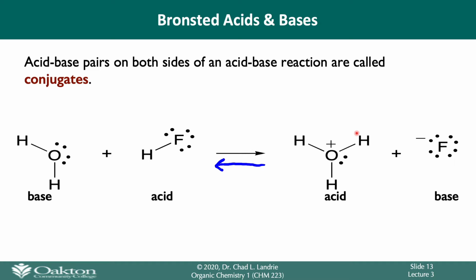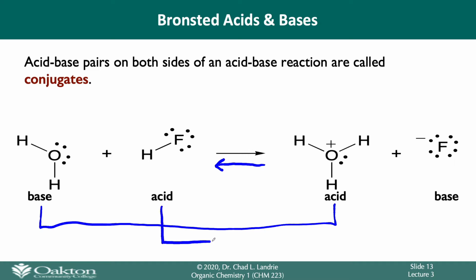In other words, water on the left is a base, and its conjugate acid is hydronium ion on the right. They are related, right? And a good rule of thumb is that a conjugate acid always has one more hydrogen than a conjugate base. If we look at hydrofluoric acid on the left, HF is the acid.